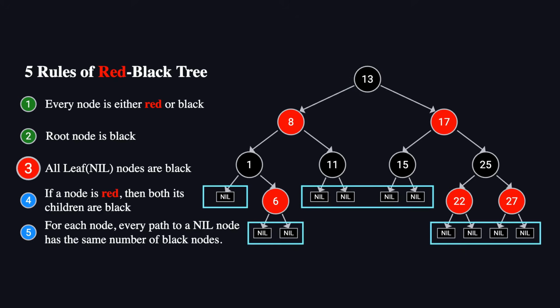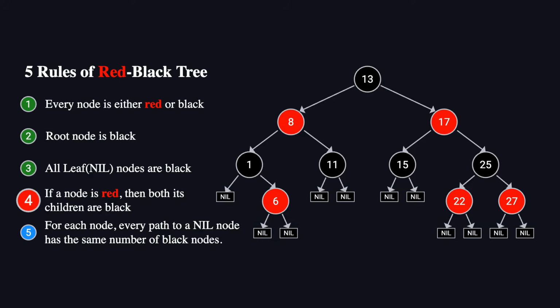Check. All nil nodes are black. Check. Every red node has black children. Check. For example, node 8 is red, and both its children, 1 and 11, are black. Similarly, node 22 is red, and both its children are nil, which are also black. So this rule is satisfied as well.